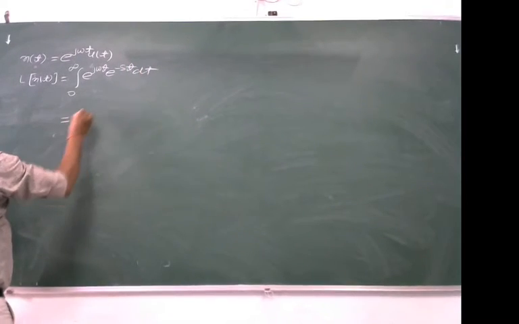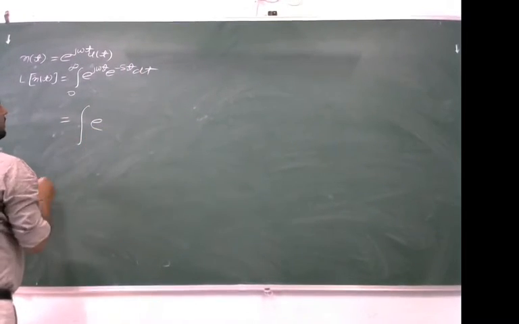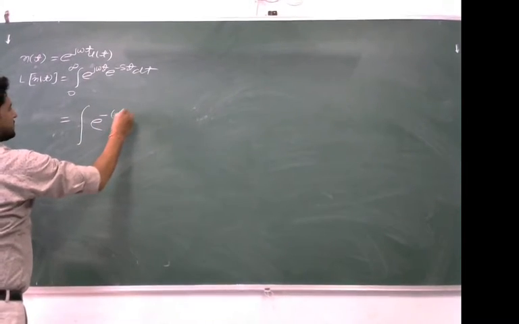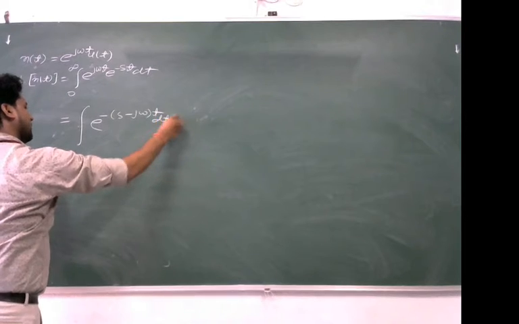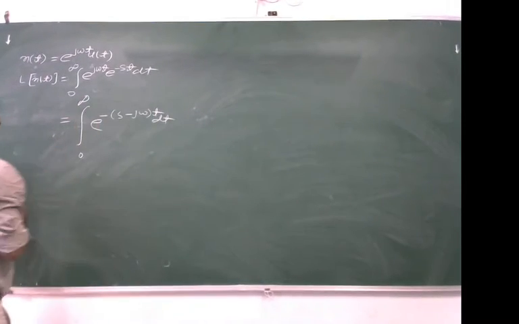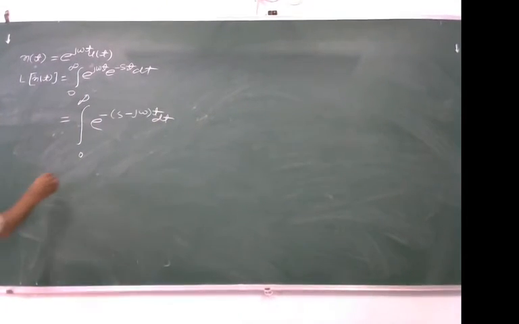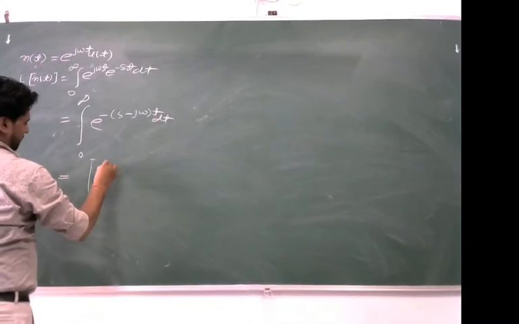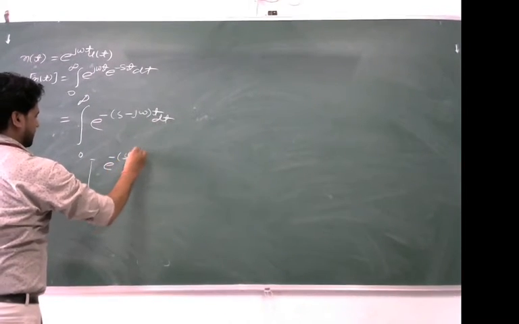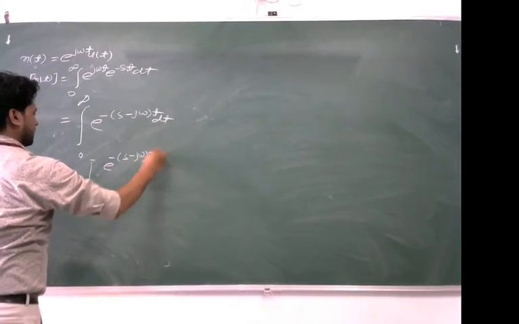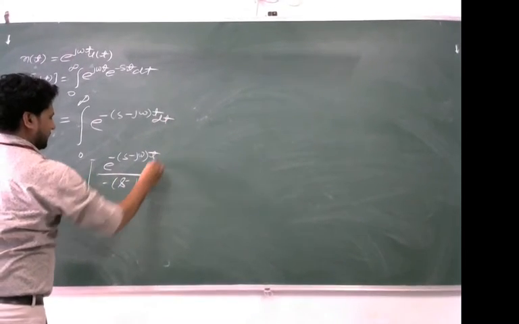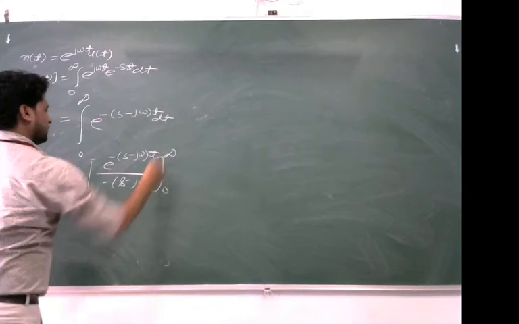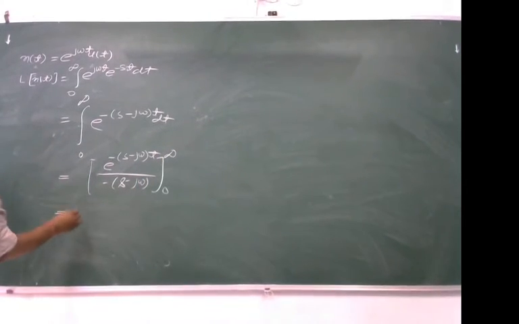Or we can write it as e^(-(s-j omega)t) dt, where the limit is from 0 to infinity. Or we can write it as e^(-(s-j omega)t) divided by minus (s minus j omega), limit from 0 to infinity.